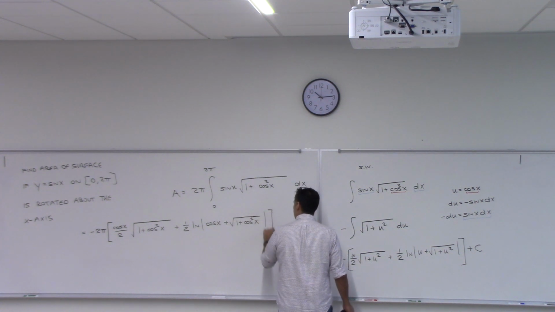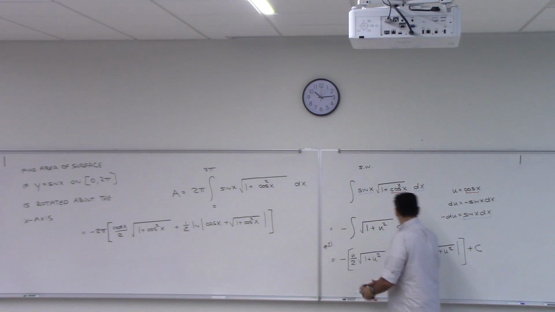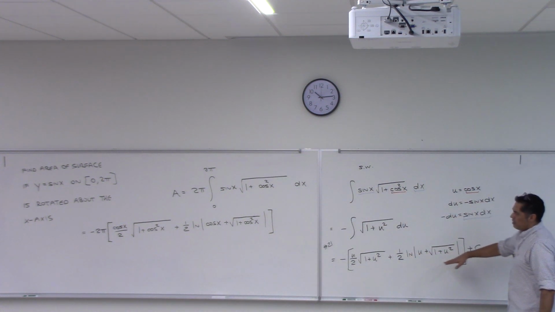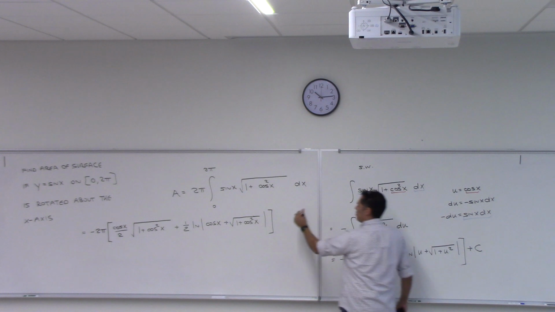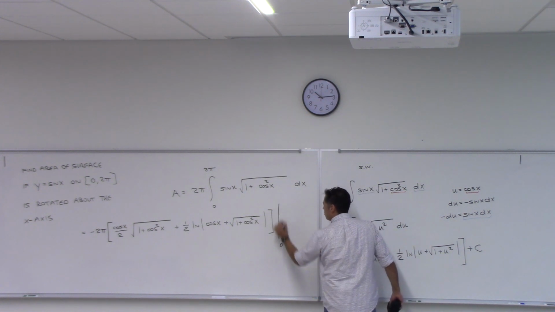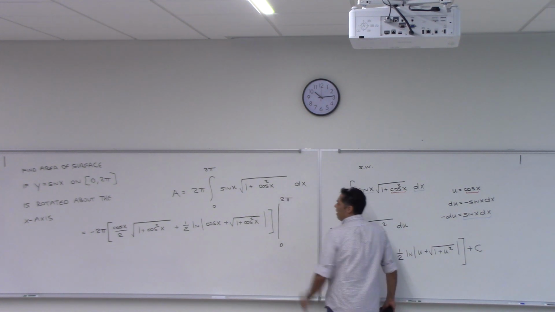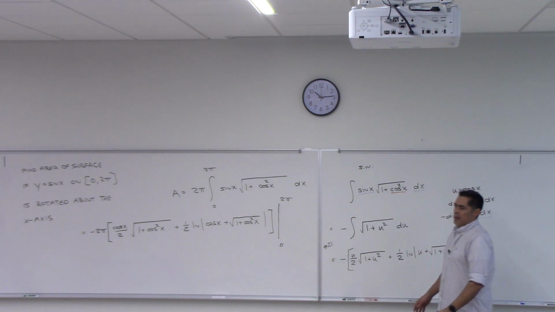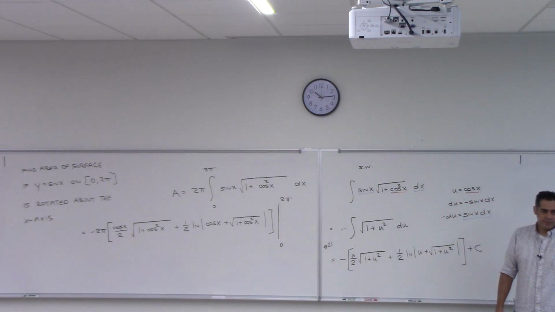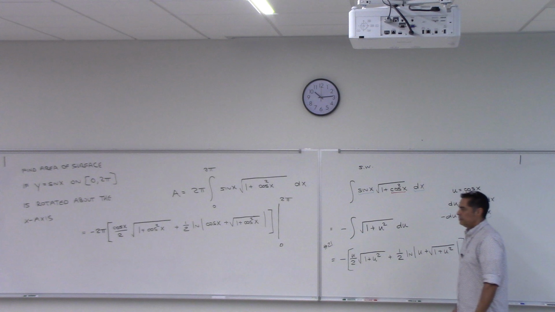All of that, that's my antiderivative. All the u's replaced with cosine, but I'm now over here, so I'm evaluating this from 0 to 2 pi. Okay. What do y'all think?